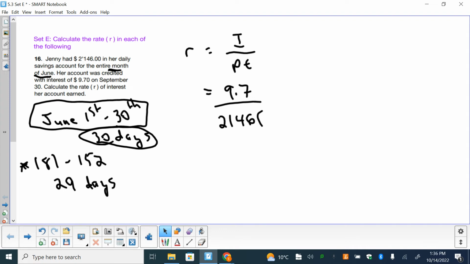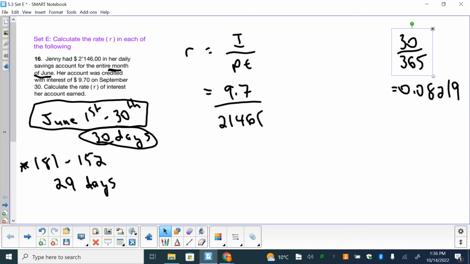because that's the month of June. And then remember, we're changing it to years. So we're going to do divided by 365. So that's 0.08219.